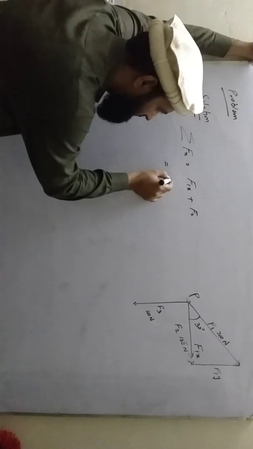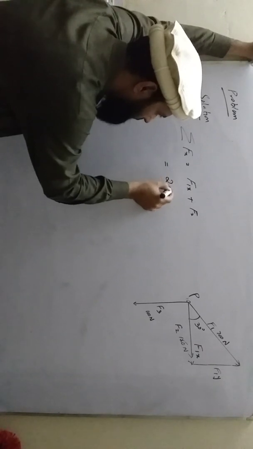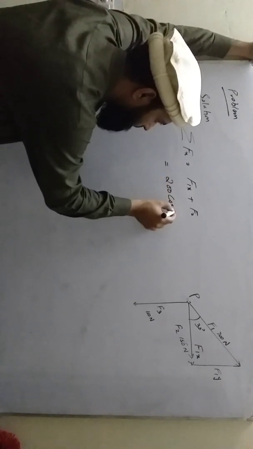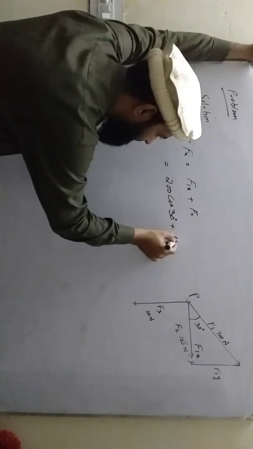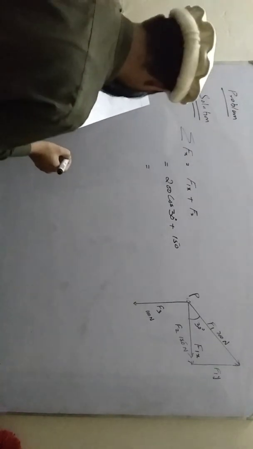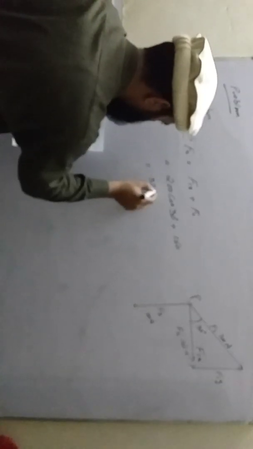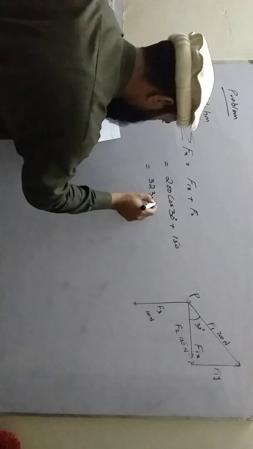F1x is 200 cos of 30 plus F2, which is 150 Newton. The result is 323.2 Newton.